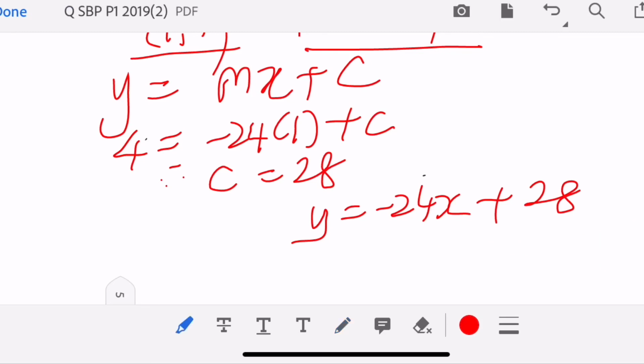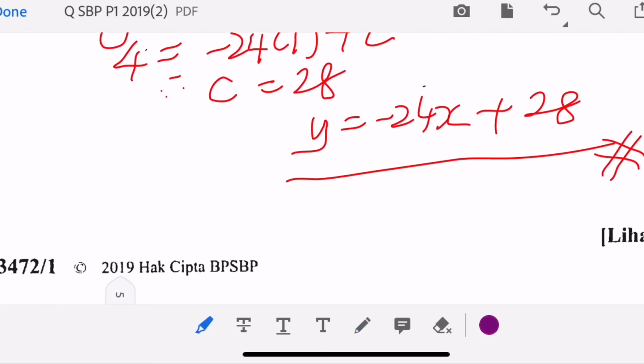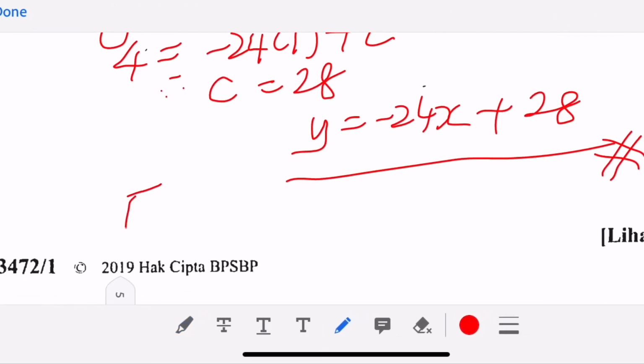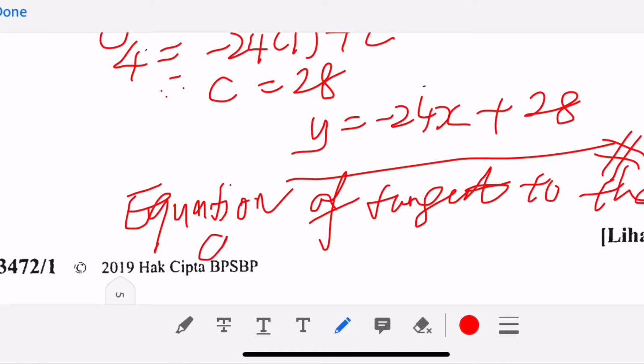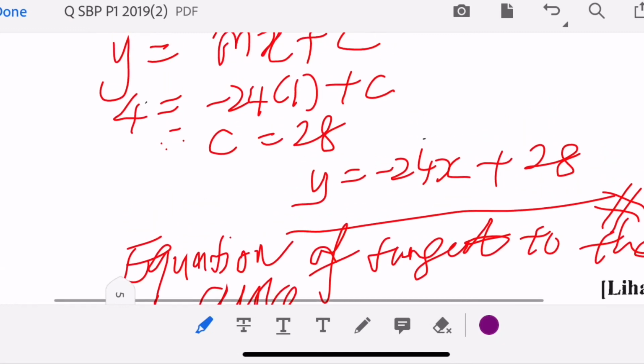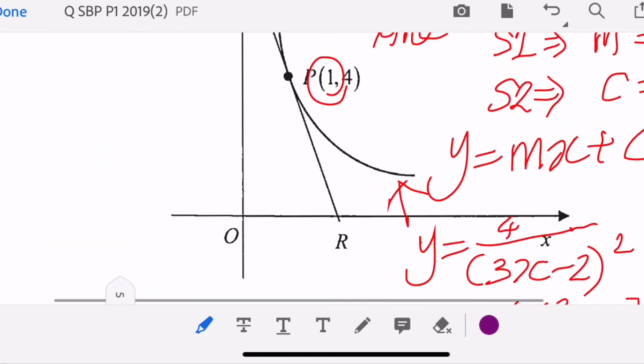Okay, after you got the answer, always double check your equation with the diagram given. Equation of tangent, it must be a straight line. When the line is going down, the gradient must be negative, and the c is positive. So later we will check, c is where the line cuts the y-axis. So we go to the graph and check.